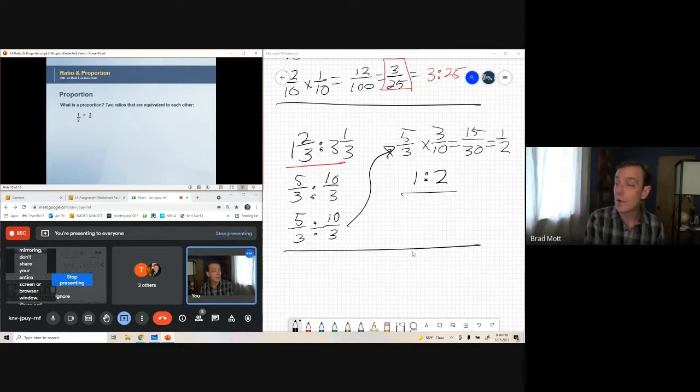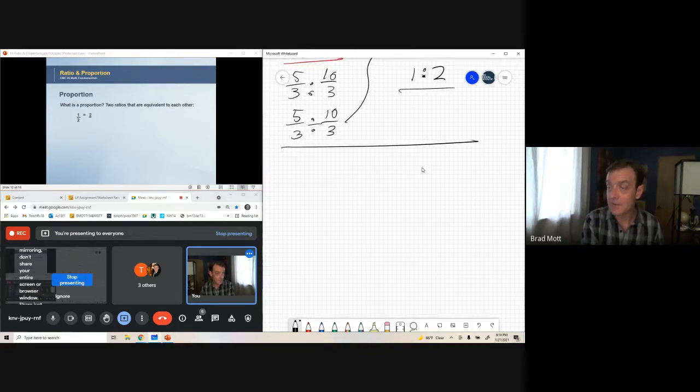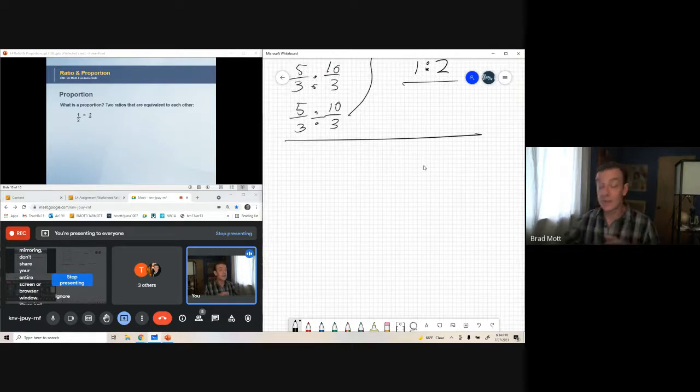Those are ratios. That is the first concept we're covering tonight. The second concept we're going to cover is proportions. And if you remember, a ratio is two numbers with the same units. So a proportion is two ratios that are equivalent to one another. So a proportion is a group of four numbers that have the same units and they're equivalent to one another.